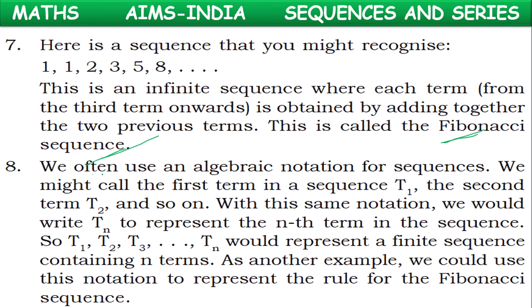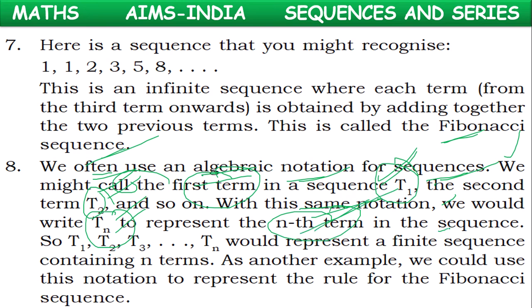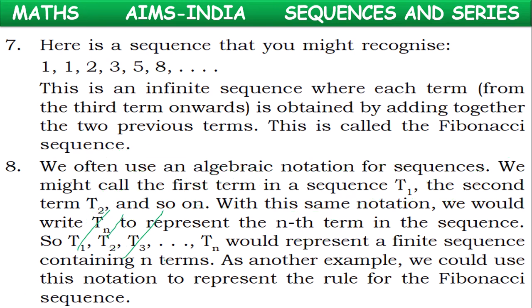Actually, we often use an algebraic notation for sequences. We call the first term T1, the second term T2, and so on. Using the same notation, we write Tn to represent the nth term of the sequence. So T1, T2, T3 and so on up to Tn.